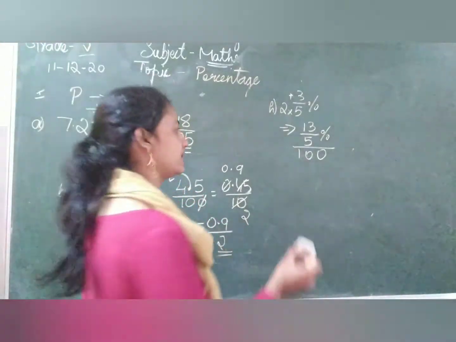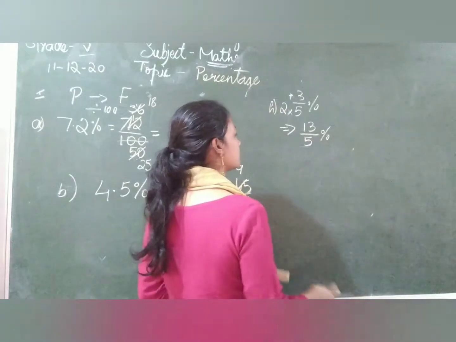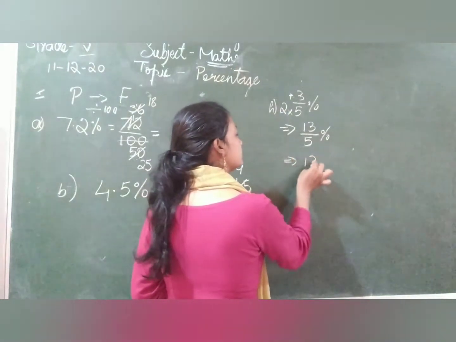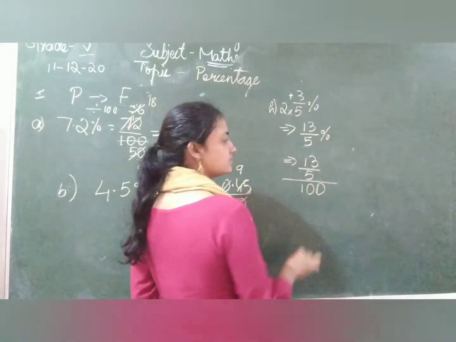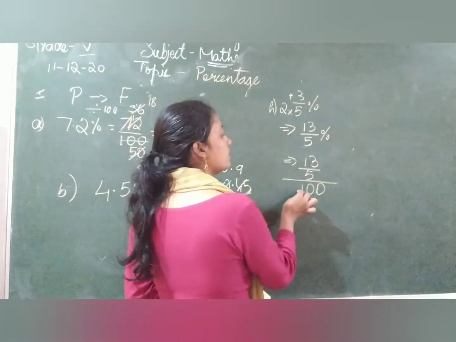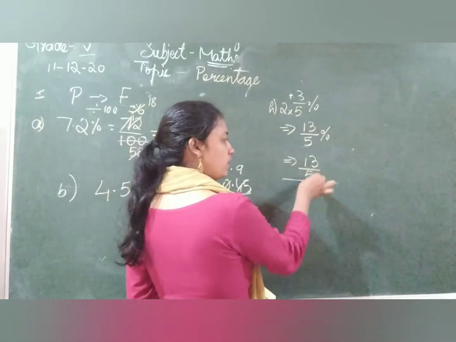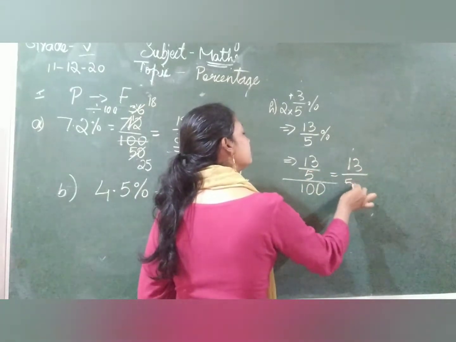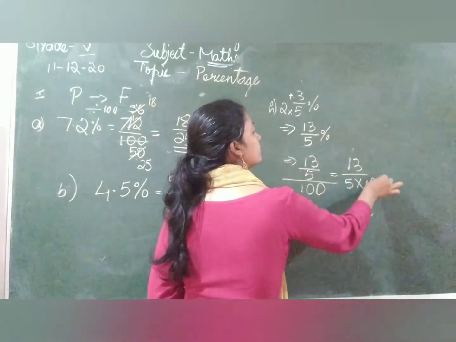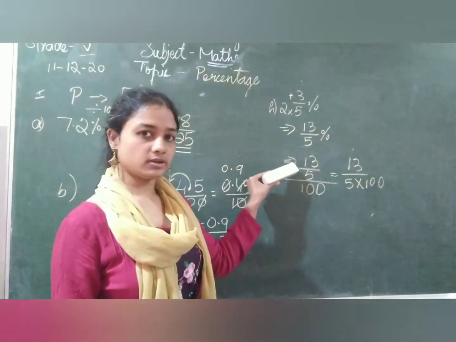So how will I do that? 13 by 5 divided by 100. So I can write this 5 also down and this will be 13 by 5 into 100. Both are in the denominators, children.